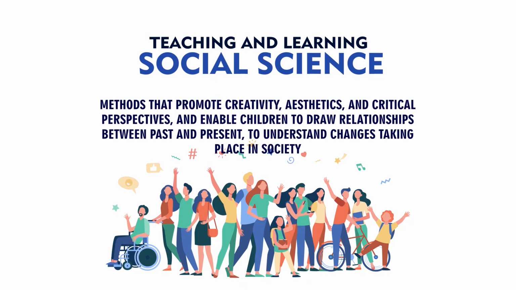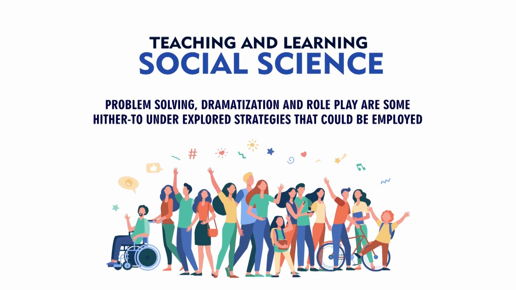And how can these be inculcated? When we use methods that promote creativity, aesthetics, and creative perspectives, which enable the learner to draw relationships between what was there in the past and what is there in the present, to understand the changes which are taking place in society. For that, sometimes you can have role play and dramatization.